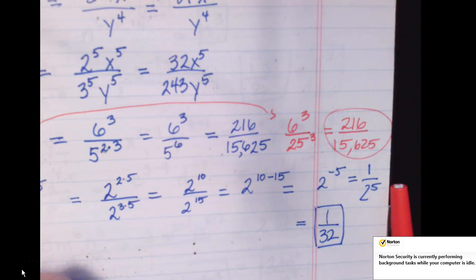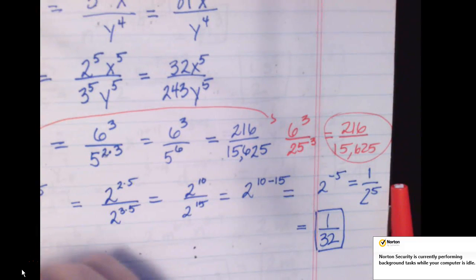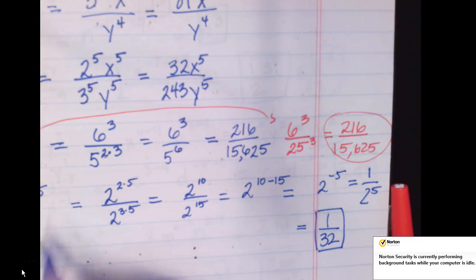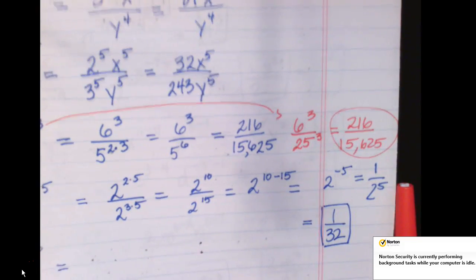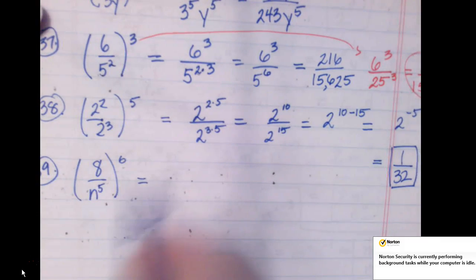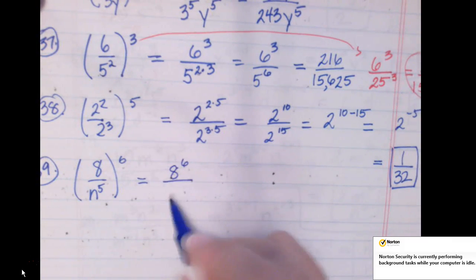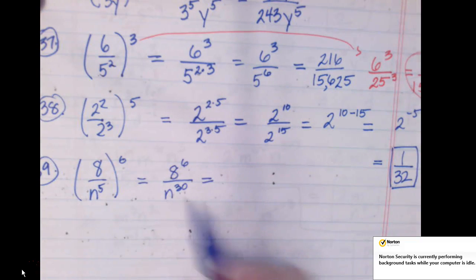In number 39, I've got 8 over n to the 5th, all of that quantity raised to the 6th. So in my very first step, I am going to just distribute that 6th power. 8 to the 6th over n to the 30th, so that's 5 times 6.